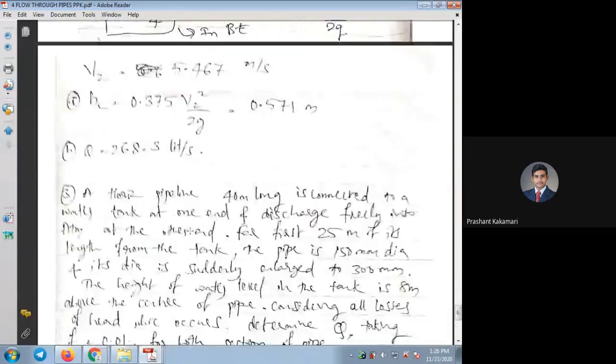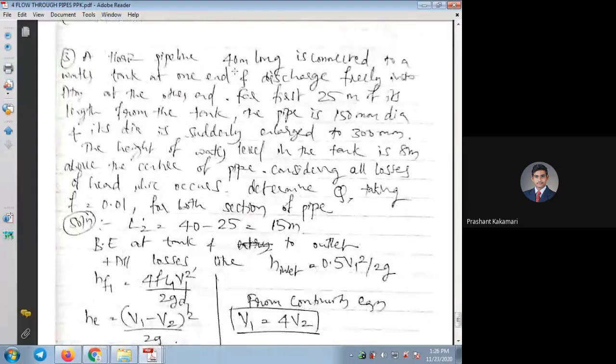But in this problem, once they have mentioned the length, you have to go back to the Darcy-Weisbach equation, because there is head loss due to friction over this length. The 40 meter long pipe is connected to a water tank at one end and discharged freely into the atmosphere at the other end.